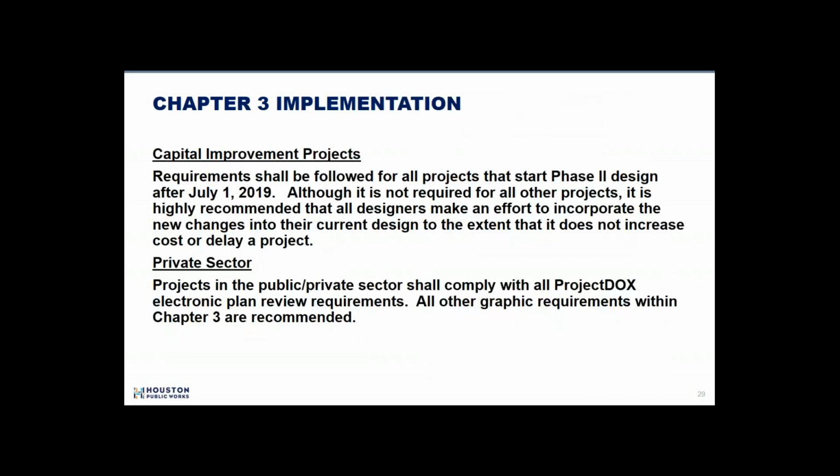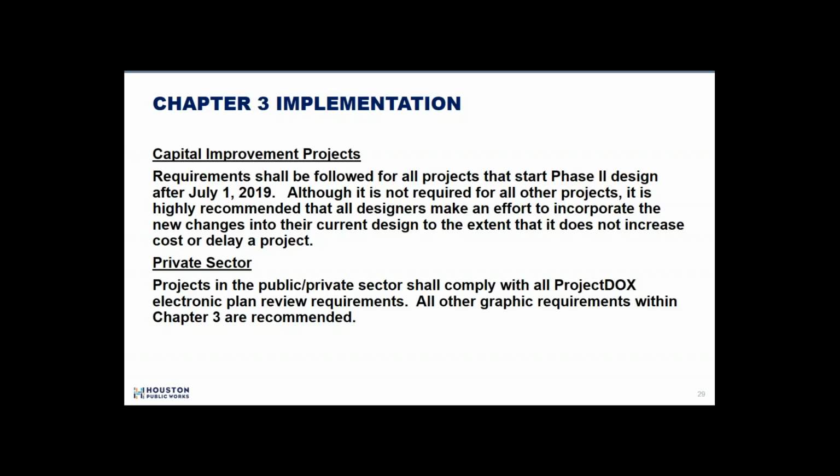I do want to talk about implementation, because many of you may be asking about if you're internal, I say capital improvement projects, but that could come out of capital projects or operations, and then the private sector. What is implementation? What are we going to need to do moving forward? And it's important to point out to everybody involved that we're not trying to increase costs or delay a project that is currently underway.